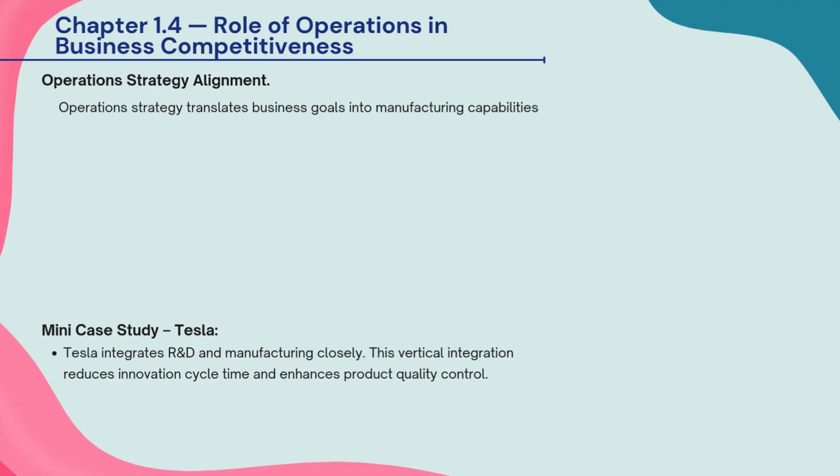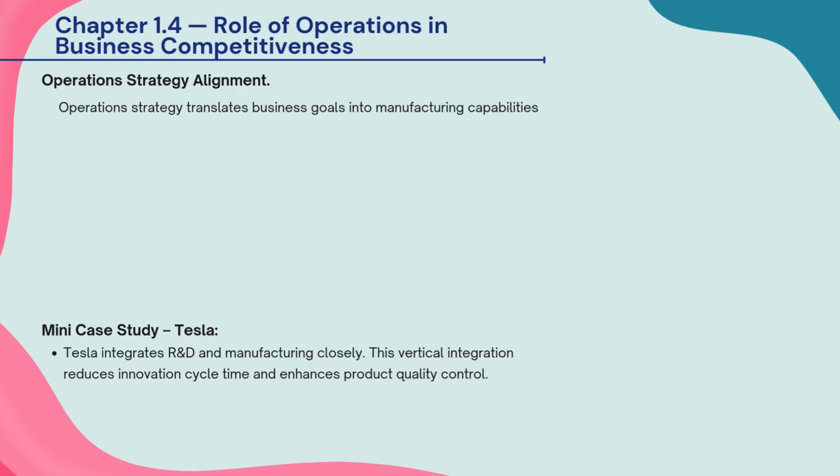Operations strategy ensures that a company's business goals are translated into the right manufacturing capabilities. When the goal is low cost, operations focus on lean processes and high utilization. For differentiation, they emphasize product innovation and customization. For fast delivery, they rely on agile planning and local sourcing.